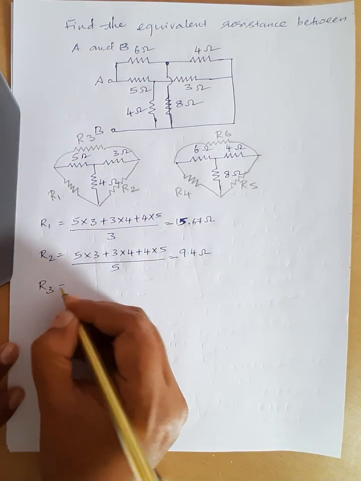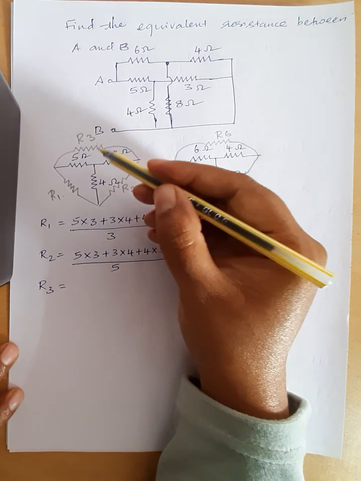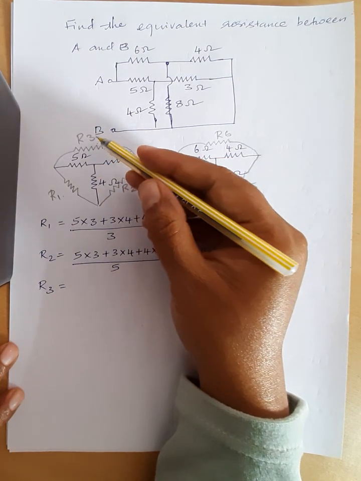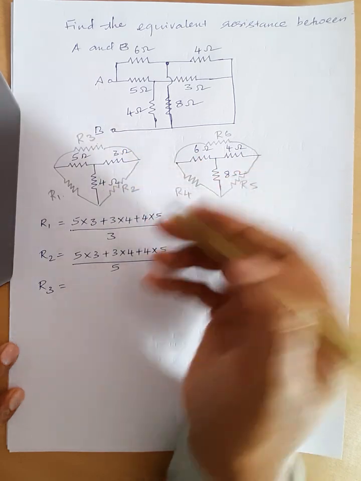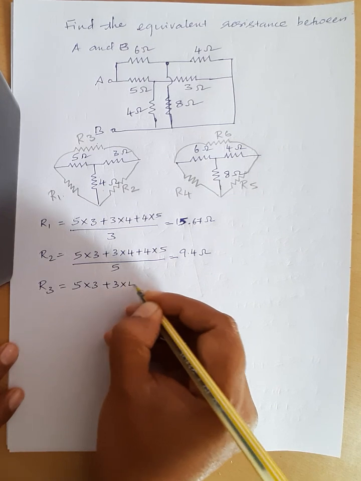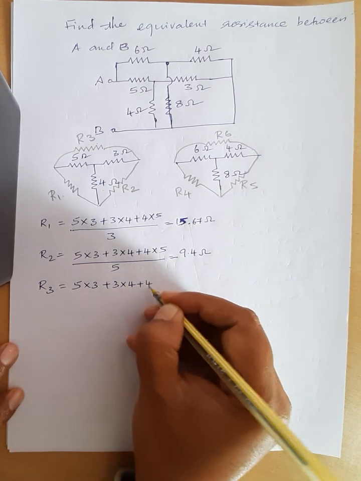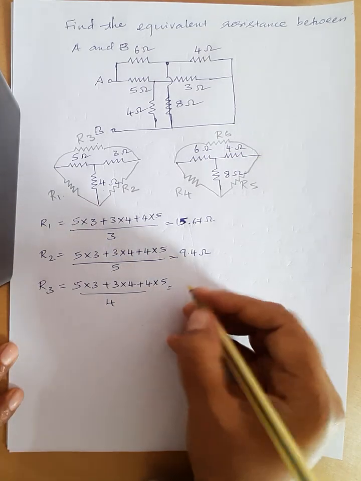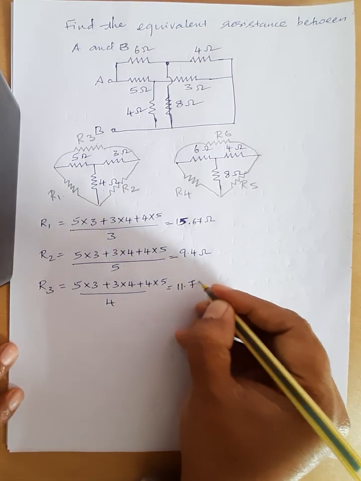Similarly R3: 5 into 3, 3 into 4, 4 into 5 divided by R3's opposite resistance, that is 4. Divided by 4, we will get 11.75 ohms.